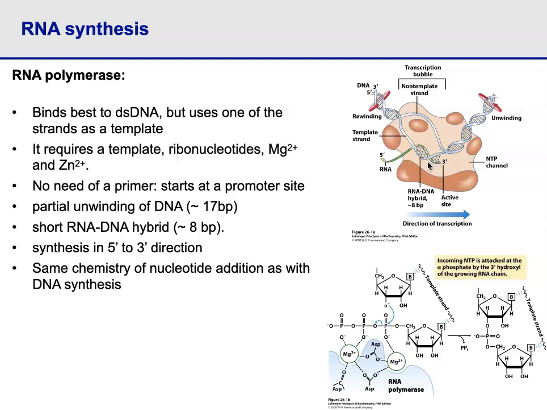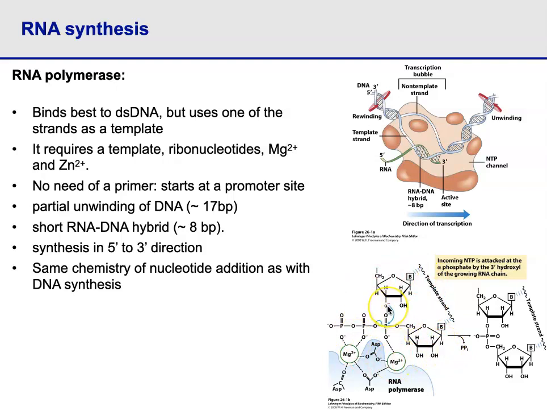The synthesis of RNA, similarly to the synthesis of DNA, is always in the 5' to 3' direction. The new nucleotides will be added to the 3' end of the newly synthesized RNA. The chemistry of the reaction is exactly the same as with the DNA polymerase.